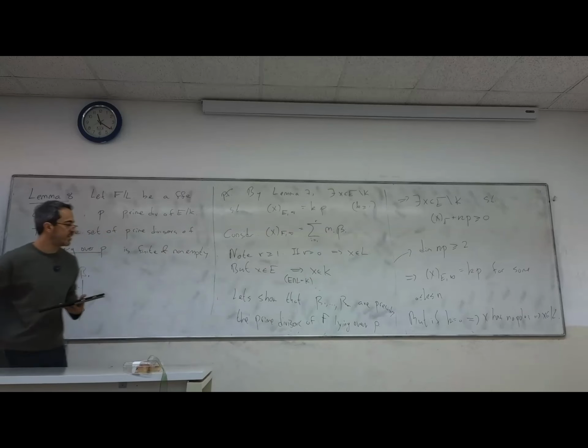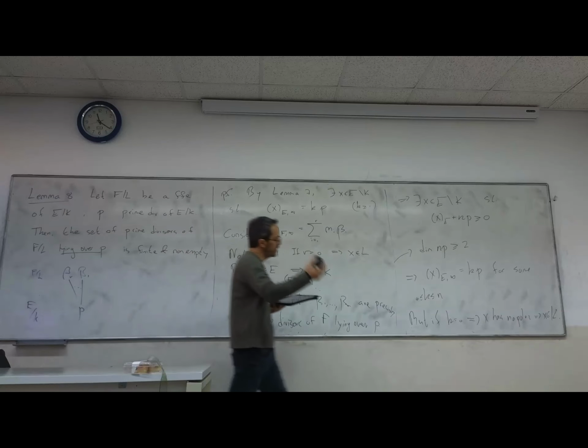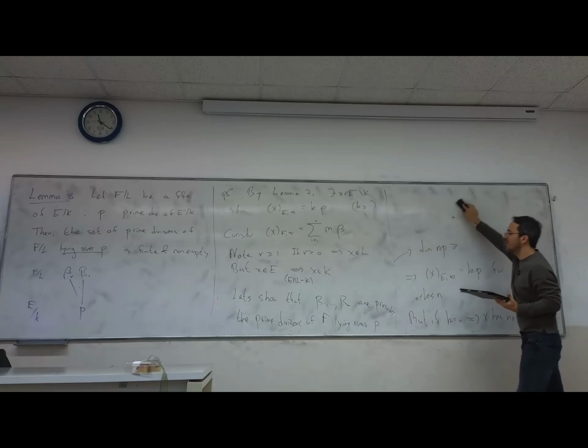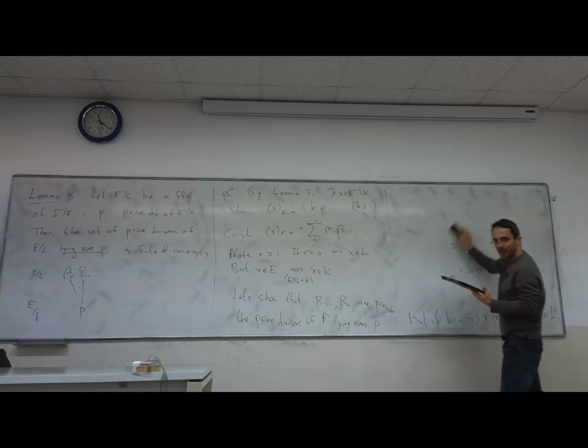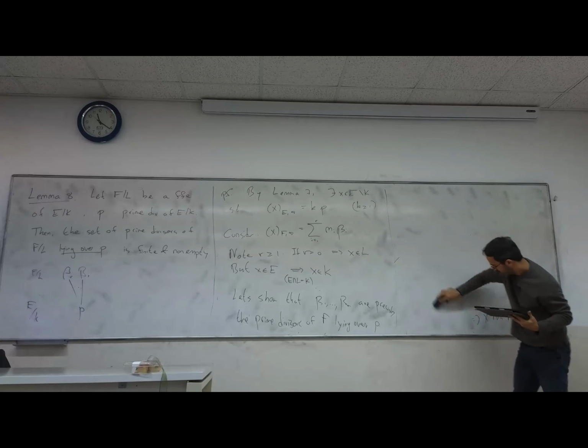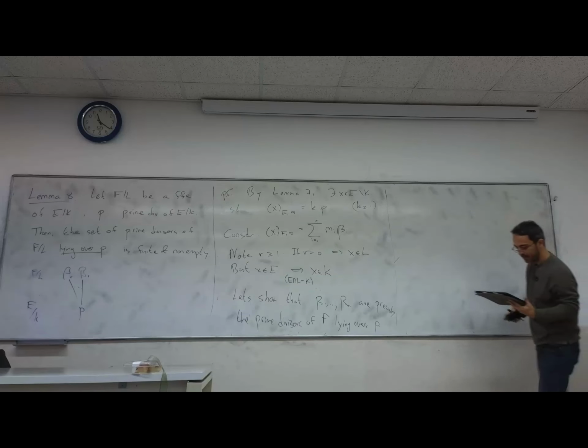And remember, lying over means that when you restrict it, you get p. When you restrict a place, you get the place corresponding to p, or when you restrict the valuation, you get a valuation that's a multiple of the valuation corresponding to p, and so forth. It's equivalent to that.